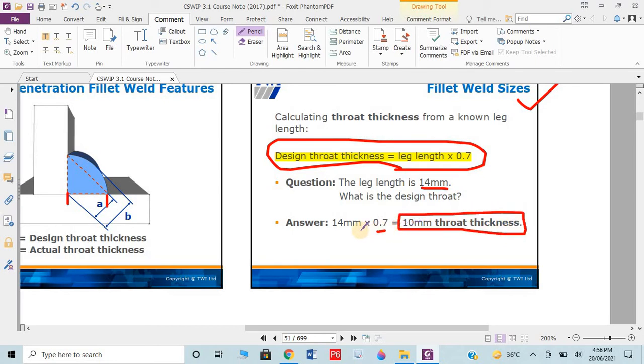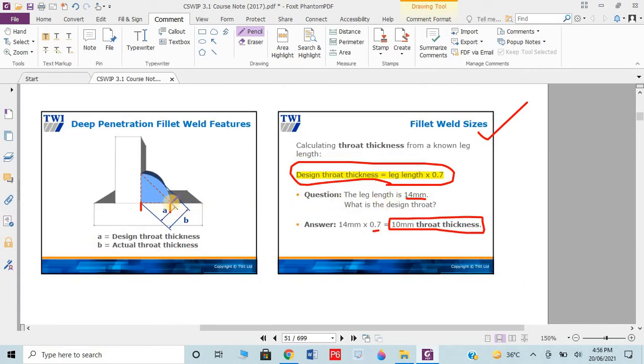Don't be confused. When the leg length is given, we simply multiply by this factor 0.7, then we have the design throat thickness. If the question is to calculate the actual throat thickness and the excessive weld metal is 2 millimeters, suppose, then we have the leg length, we have the 0.7 factor. First we need to calculate the design throat thickness.